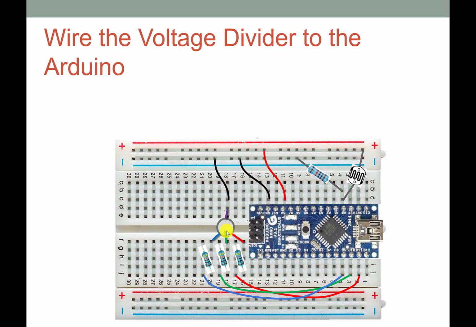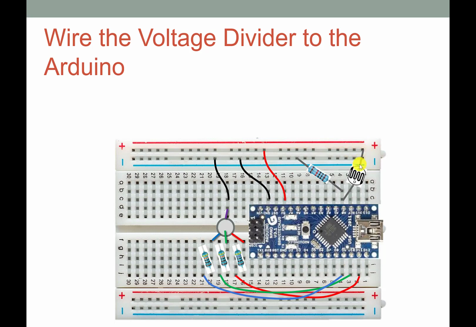So here's a picture of what your circuit should look like so far. We still have our LED connected. The thing that has changed is that instead of just a ground rail like we had before, we've connected this plus rail to the 5-volt supply. So now all along this plus column, we will have a 5-volt supply.